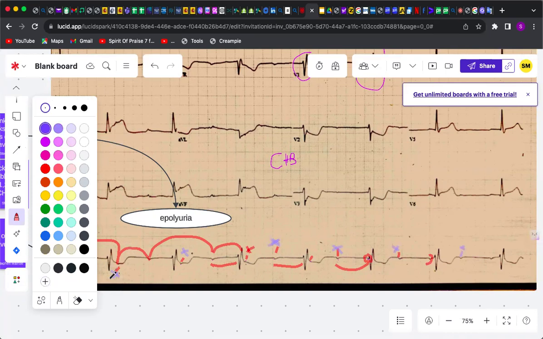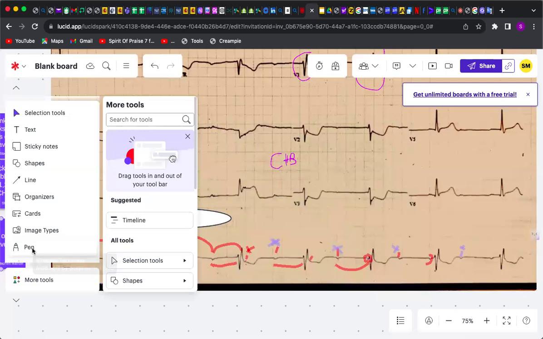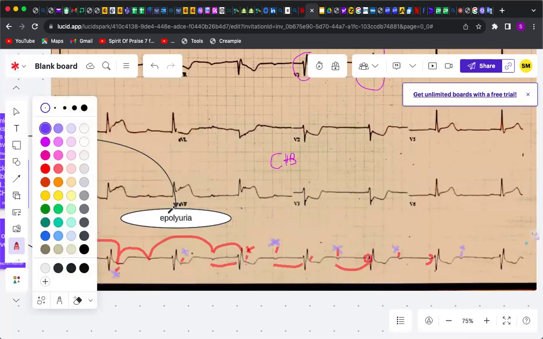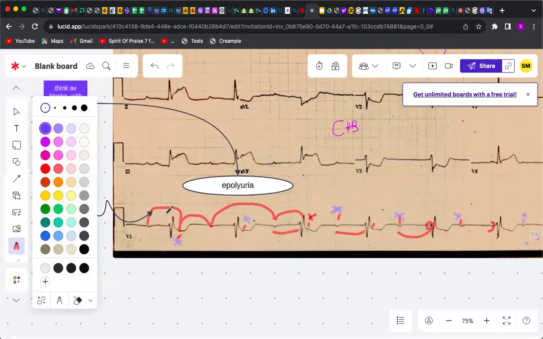We have a lot of P waves in there. So this is one of them. And then there's another one in here, which is buried in the ST segment. There's another one here, and that, and that, and that, and it goes on, right?